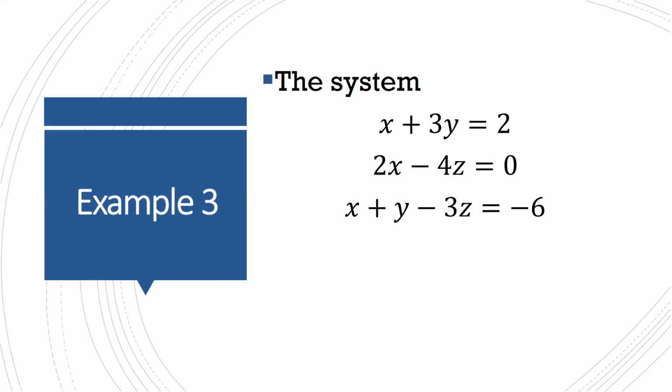The second equation is 2x minus 4z equals 0. And the third equation is, I misspoke on that third equation, x plus y minus 3z equals negative 6. So let's solve these.